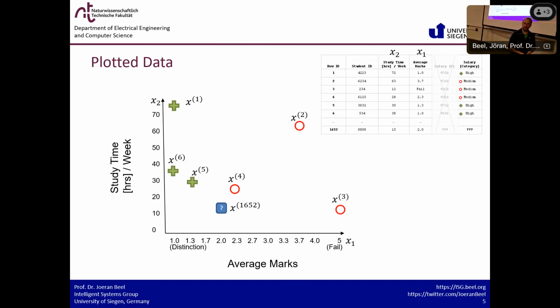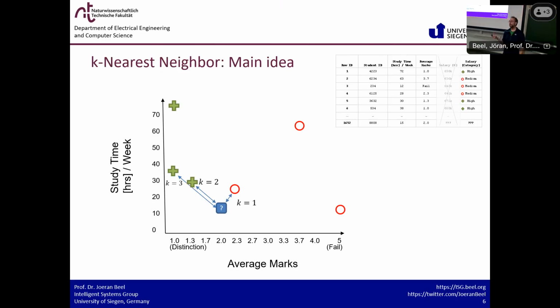The idea of k-nearest neighbor is that in the vector space, you look at the k, so 2 or 3 or 4 or 5 nearest neighbors, look at what class they have, and whatever class appears most often among those neighbors, you assign to the new unknown instance.